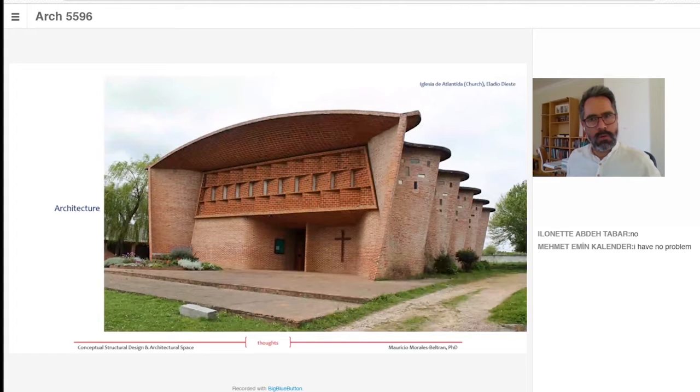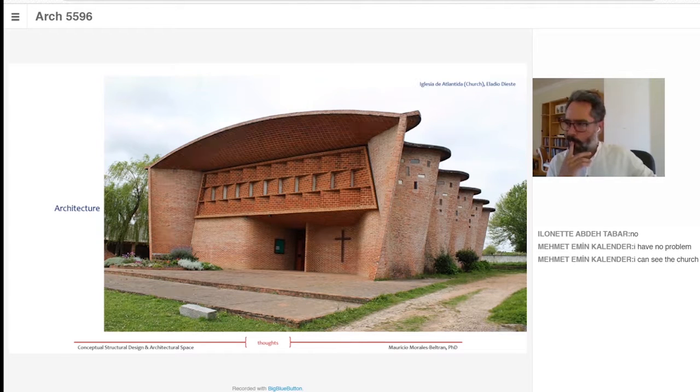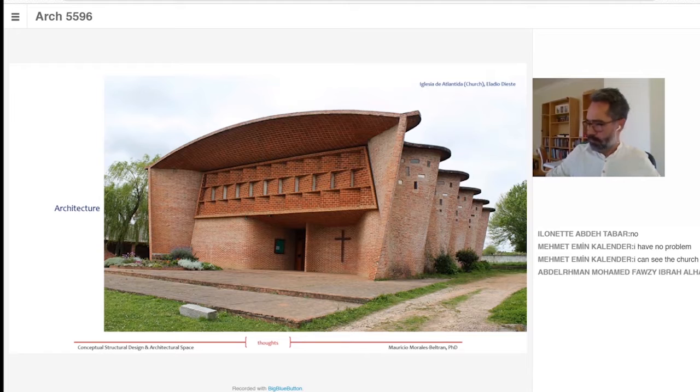Can you see the church? Yes. Okay, Ryan, log out, log in again. Sometimes it just gets stuck. Oh, okay, Hojam, I'll do that. Thank you for letting me know. Anyway, if there is any problem, please inform me.